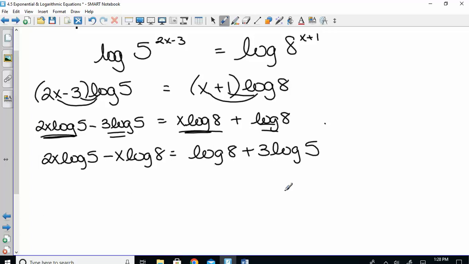On the left, what do we need to do? Are those like terms? Can I actually subtract them? No. What do they have in common? X. So we're going to factor out that x.